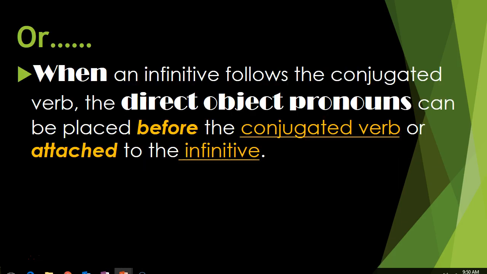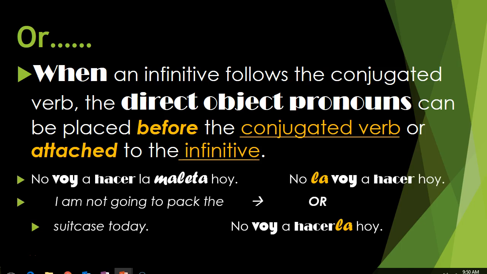Or our second option, when an infinitive follows the conjugated verb. So now we have two verbs. The direct object pronouns can be placed before the conjugated verb or attached to the infinitive. Yes, it is that specific. You must know that it is before the conjugated verb or attached to the infinitive.